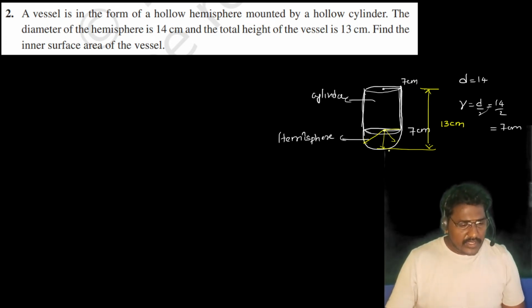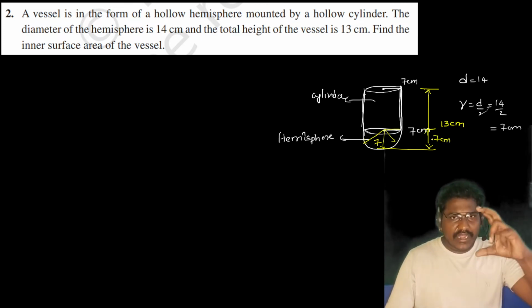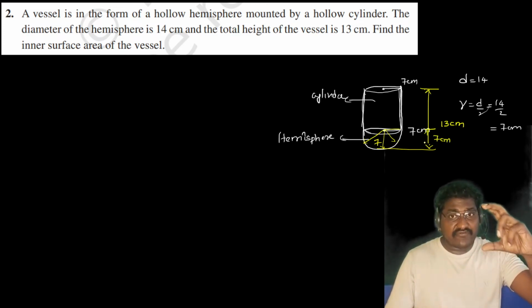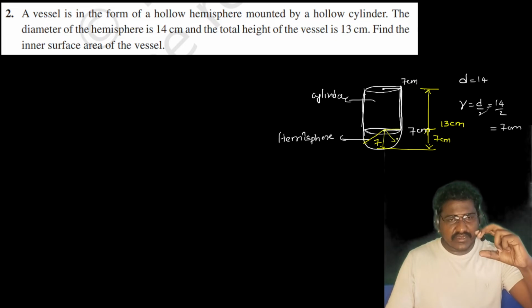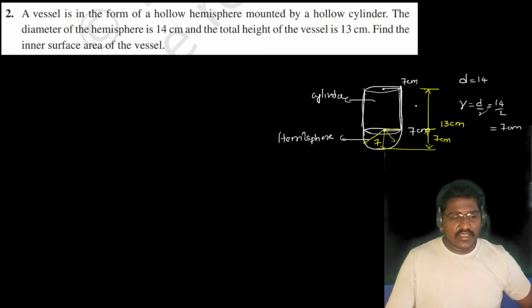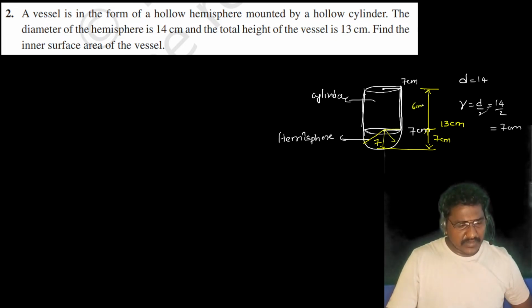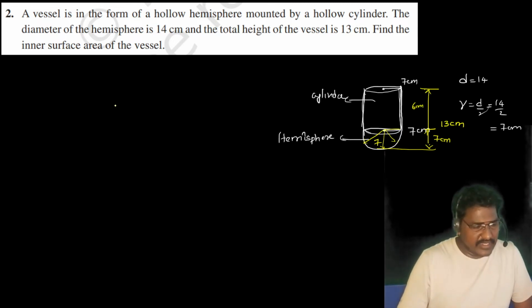So this will be 7. The total height of the vessel is 13, and the height of the hemisphere is 7. So the remaining height of the cylinder will be 6 centimeter. You can write that here.